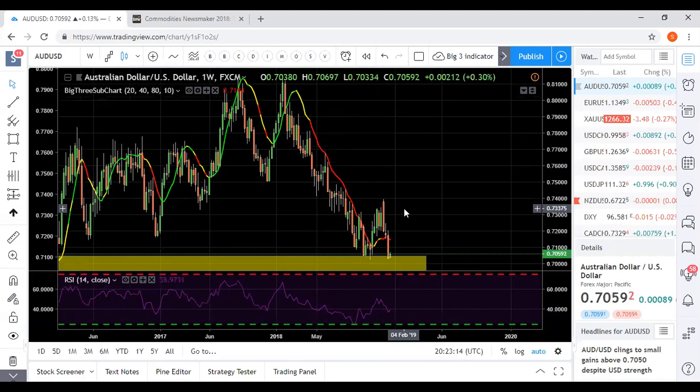Roughly 0.74 region from here would be great. As you can see, it did hit the RSI at 20, but then it went up. Again, potentially this may fall down a little bit, so we just have to be careful.